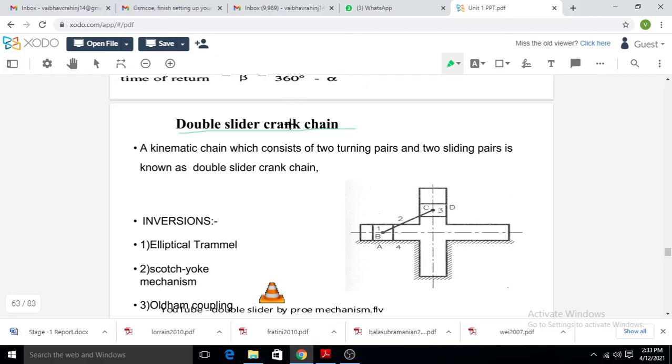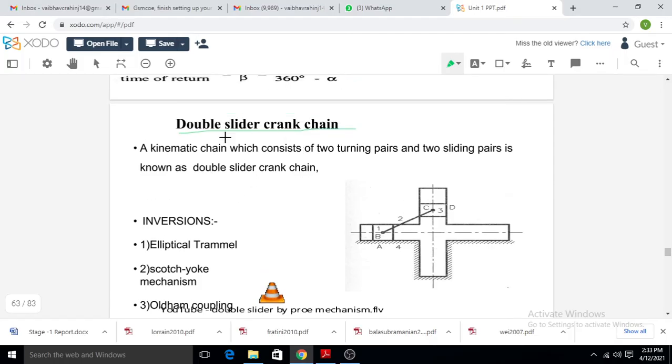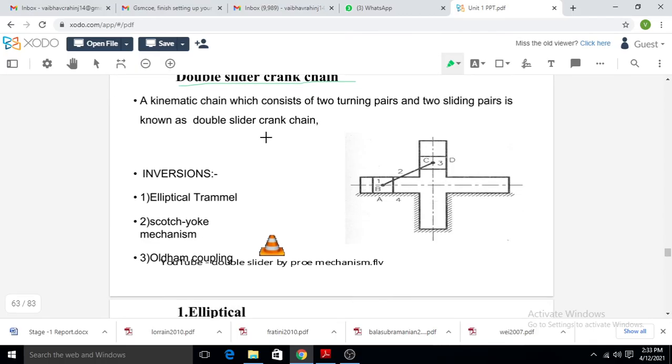Now we will discuss the double slider crank mechanism. In a double slider crank chain, there are two sliders present, slider B and C. The kinematic chain which consists of two turning pairs and two sliding pairs is called a double slider crank mechanism.